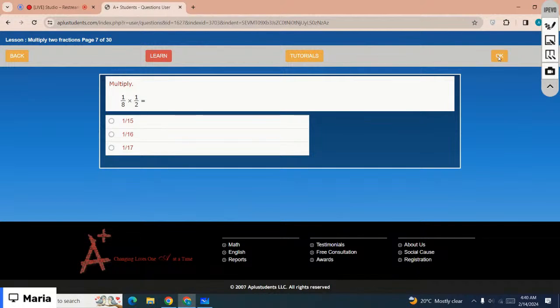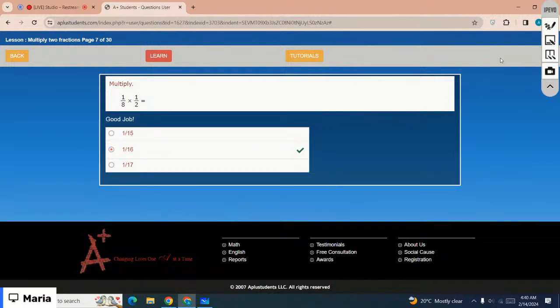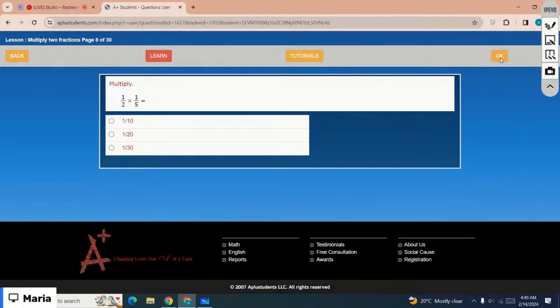That is 1 divided by 16. The next one is 1 by 2 times 1 by 5.